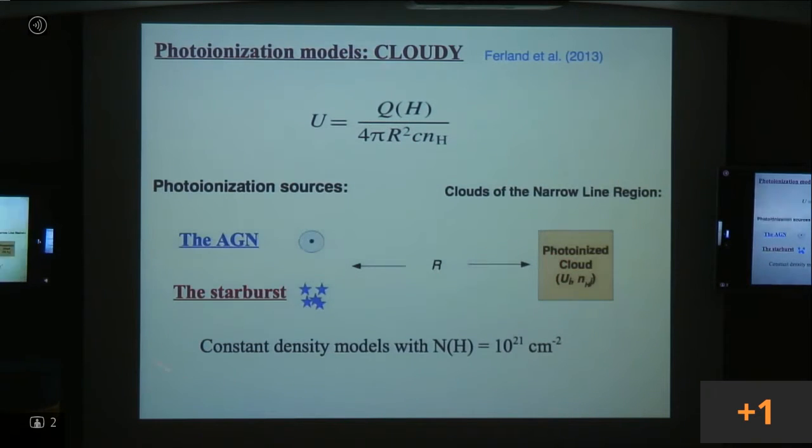We also assume a constant density model with a hydrogen column density equal to 10 to the 21 centimeters to the -2 that allows us to have abundant radiation-bounded matter.